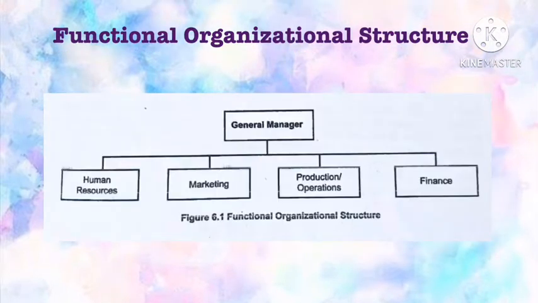So here, as you can see in the structure of the functional organizational structure, we have a general manager, and under the general manager, human resources, which are brought together in units, teams, or projects so that job specialization can be optimized, while special skills can be best managed. There is a need for the marketing department to interact and coordinate with personnel in other major functional areas.